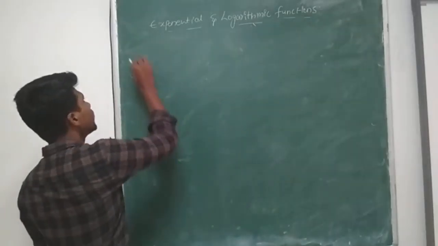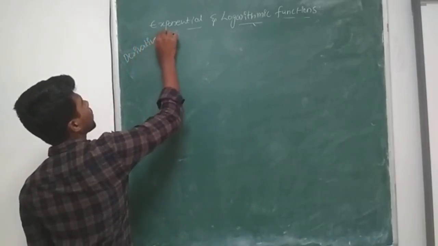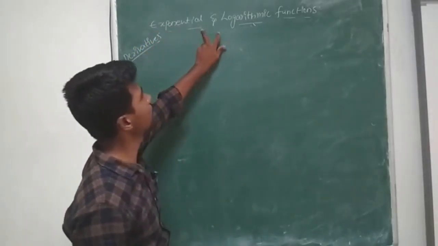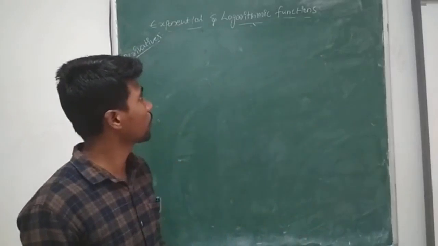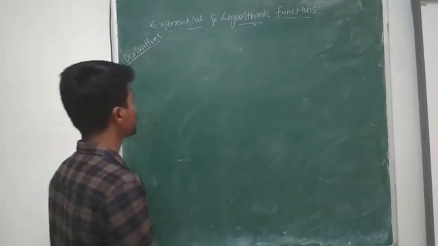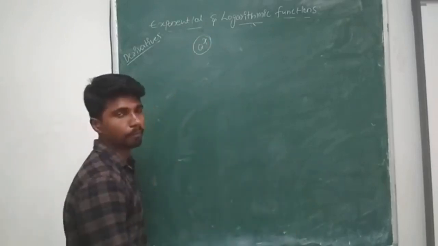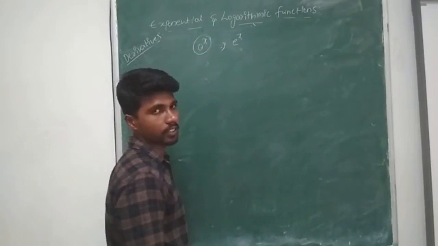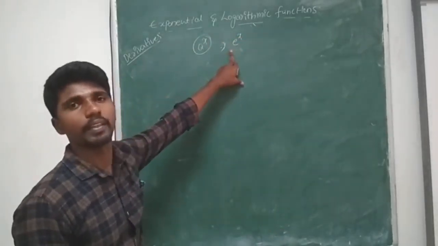Derivatives of exponential as well as logarithmic functions. How do the derivatives of exponential and logarithmic functions act? Suppose I have a function like a power x or e power x. First I find it for the exponential function e power x, natural logarithms.